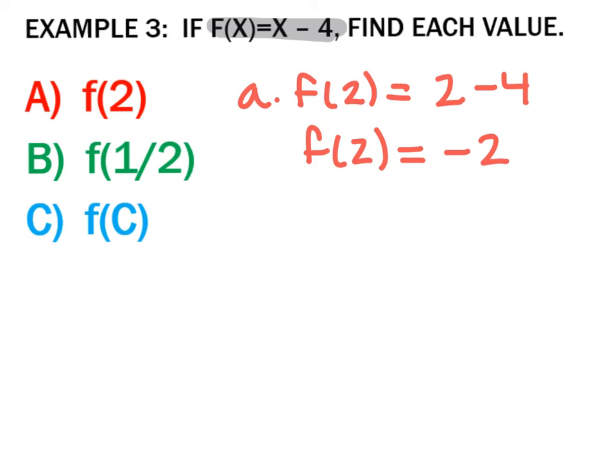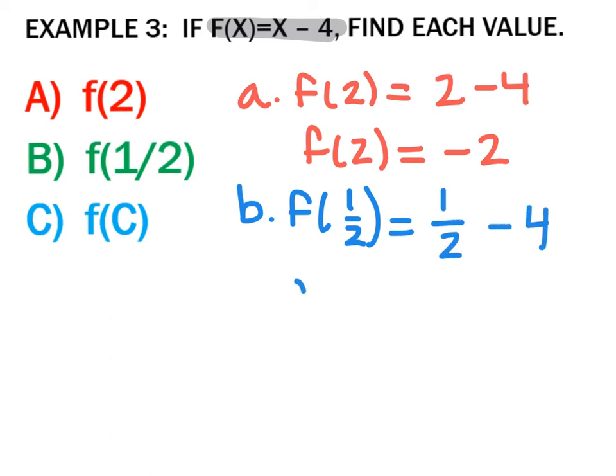For b, it's asking us for f of 1/2. So I substitute the 1/2 in for x. So it becomes 1/2 minus 4. So it gives me that f of 1/2 is negative 3.5.